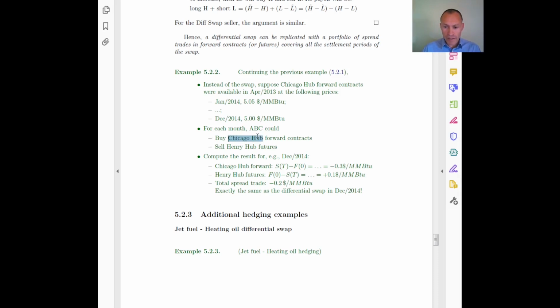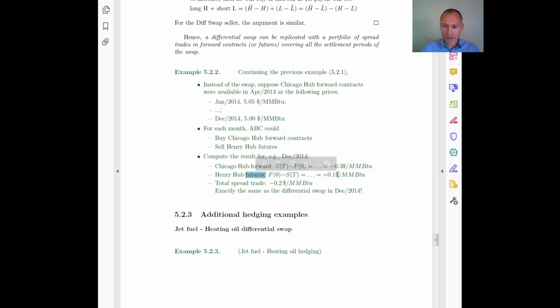I could buy the high price, the Chicago Hub price, and I could sell the low price, the Henry Hub price. All right, and so for example, for the last month, for December, I would get these payoffs that you see here from the Chicago Hub forward that I was buying, and the Henry Hub futures that I was selling.